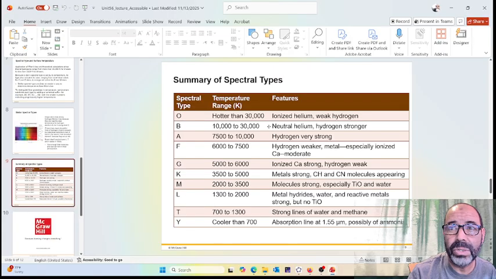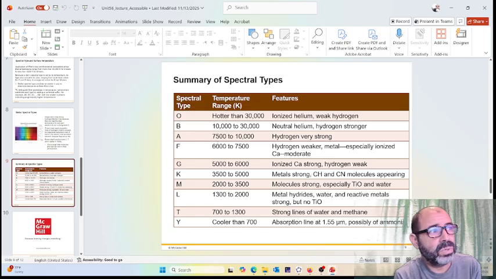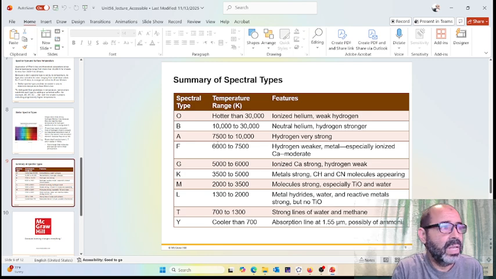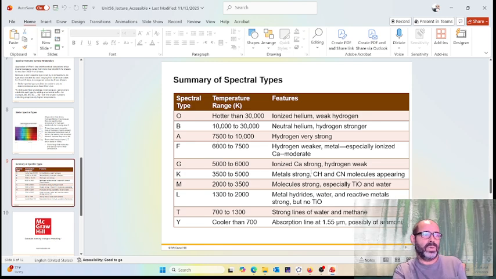That's a huge range compared, for example, to the A classification, which is only about 2,500 Kelvin, between 7,500 and 10,000, and even that is a lot compared to the next classification, which is 6,000 to 7,500, and that's where the Sun is. So ionized calcium is strong and hydrogen is weak, and those are the different lines showing in those classifications.